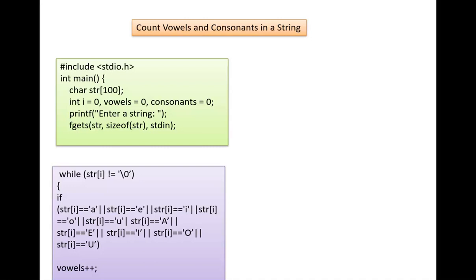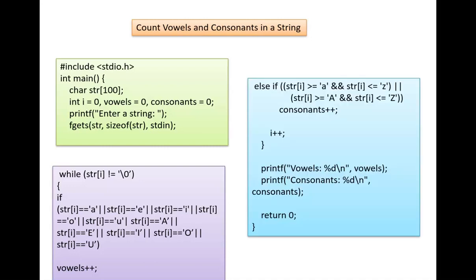So if it is A-E-I-O-U in small case as well as in caps, the vowels accumulator variable gets incremented, else the consonants variable gets incremented. Done? Okay. Now after the while loop ends, I'm printing the number of vowels and consonants. So this is a very classical example of finding the count of vowels and consonants in a string.